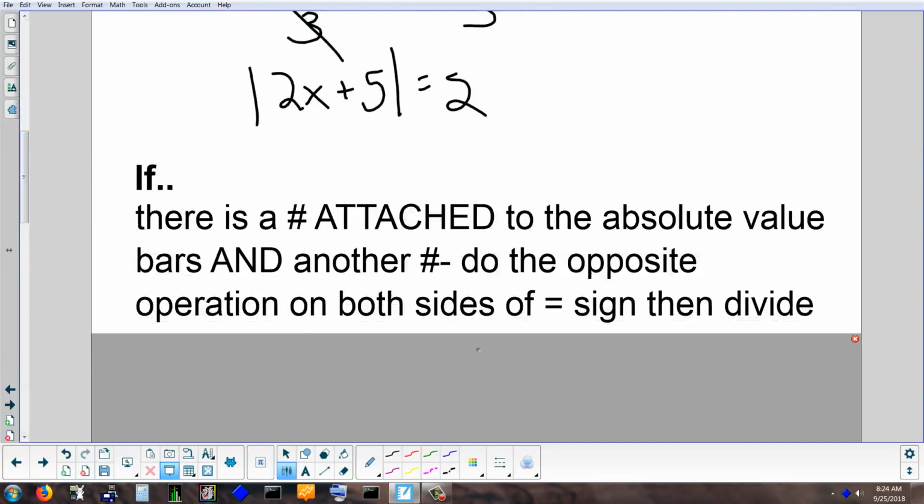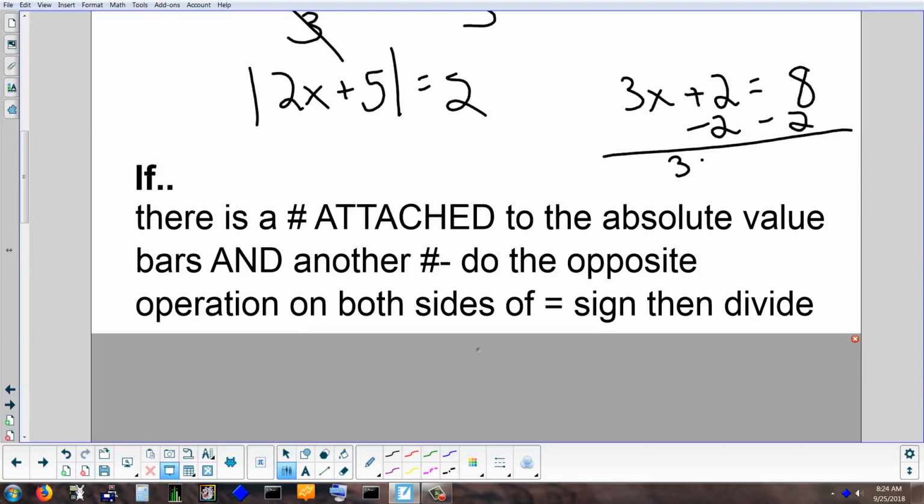So it's like, again, when we want to get an equation by itself, we subtract, then we divide, or add and subtract, and then we divide, like 3x plus 2 equals. Right? So I subtract first, then I would divide.